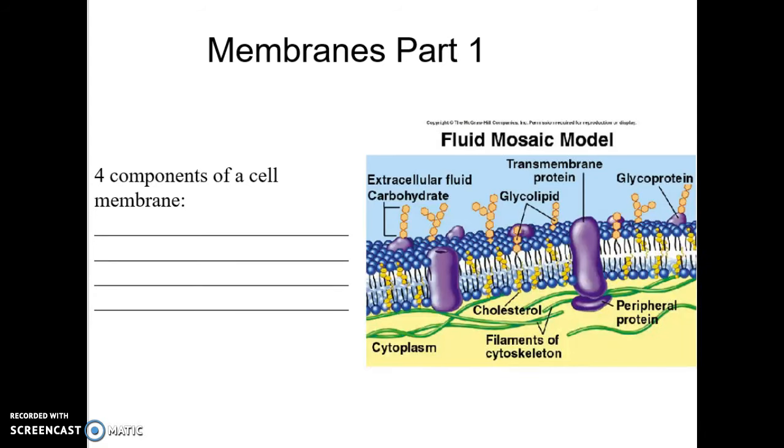Okay, so membranes part 1. This is chapter 5 in our book. The fluid mosaic model of the membrane was determined by Singer and Nicholson back in 1972.